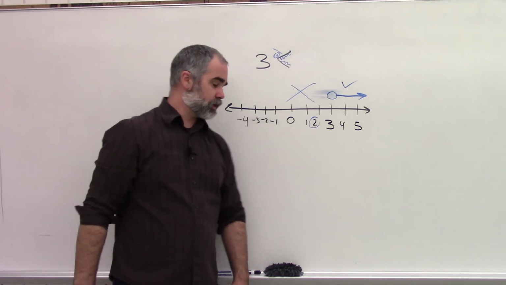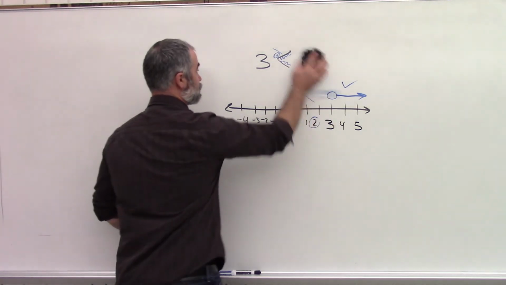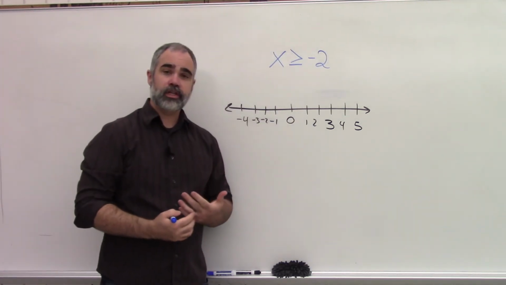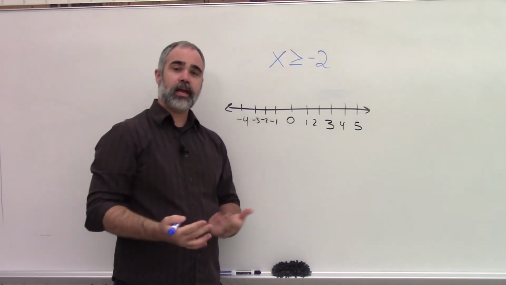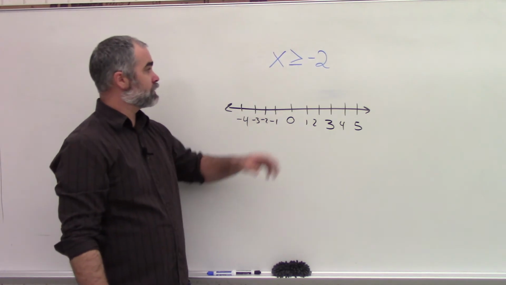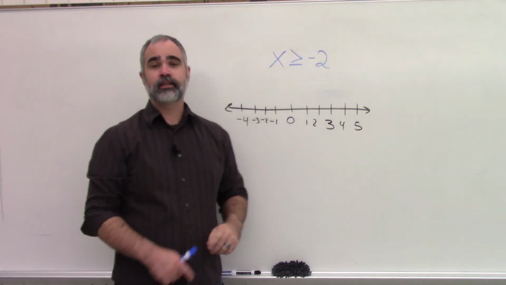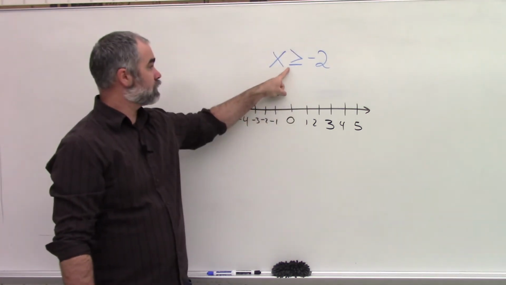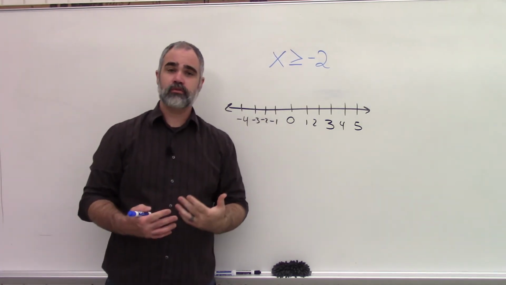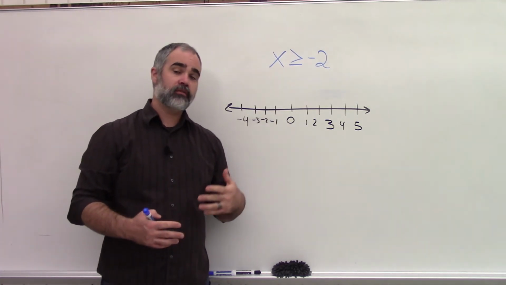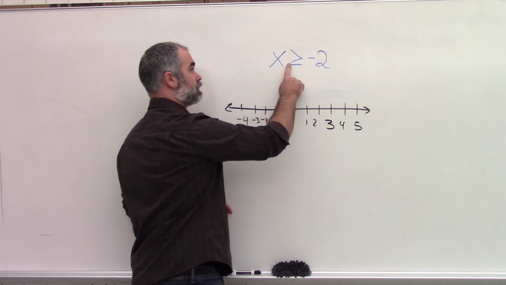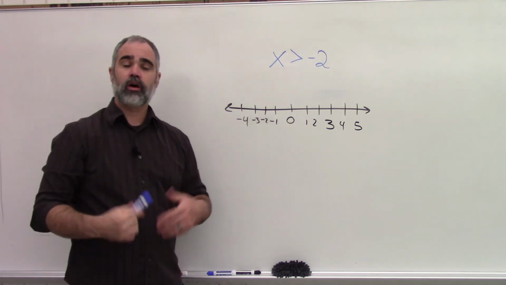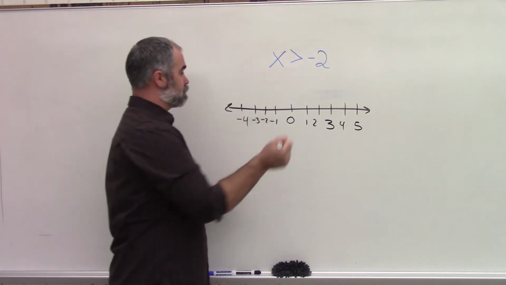All right, there's one more thing I want to teach you about inequalities. There's one other thing that you need to know about inequalities. Everything I've had so far has been simply greater than or less than. Now I have this little line underneath, and what that means is equal to. If you have just this right here, if it's just a greater than, all you need to do is find your number and put a dot over it.